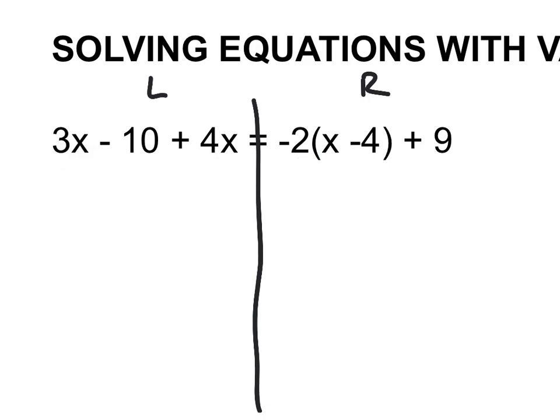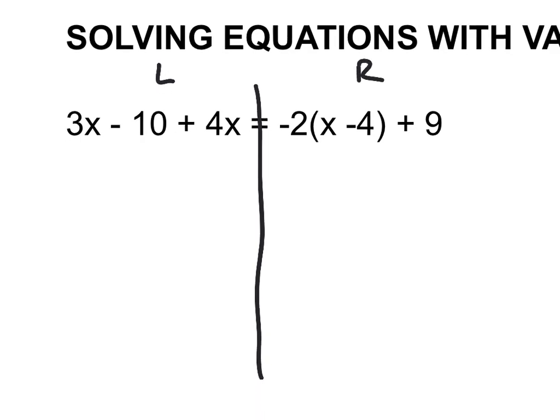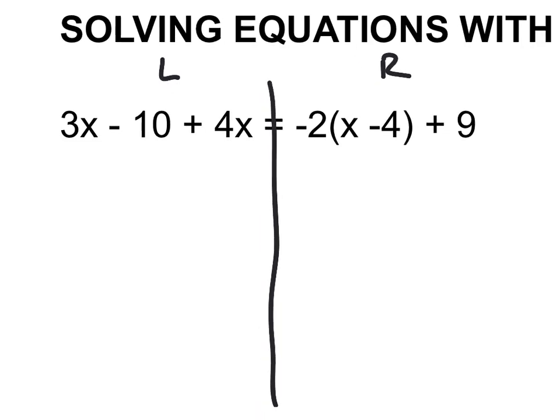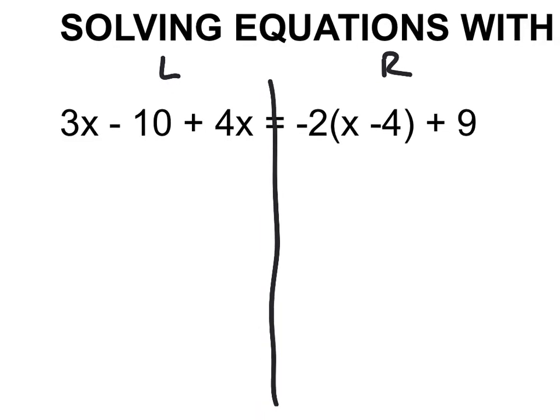One thing that I want to do, and there are no definitive steps that you have to take on this. You have a lot of options as far as how you want to go about this. But when I look at a problem like this, what I notice is that on the left side, I just have a variable term 3x and a variable term 4x. And I can combine those, okay?